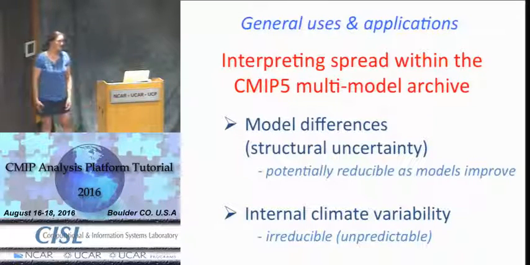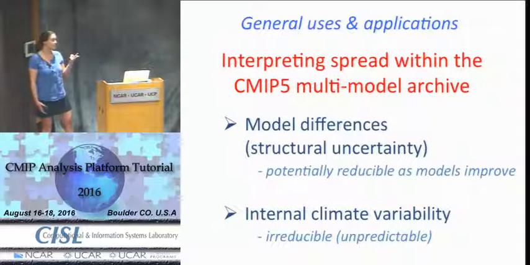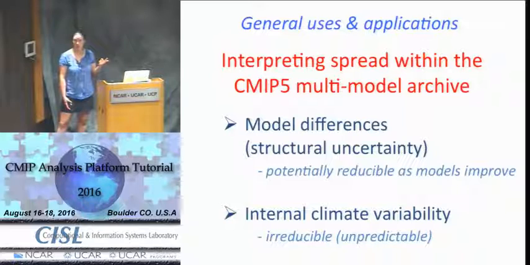So this really helps you interpret spread also, as I've already alluded to, in multi-model archives. In CMIP5, the ensemble members that you analyze there, of course, have contributions from both internal climate variability and structural variability in the model. They have different physical parameterizations. So by comparing the two, it gives you some sense of what is the uncertainty that's potentially reducible. Internal climate variability isn't going anywhere, right? I mean, ENSO, PDO, that stuff is just part of our climate system.